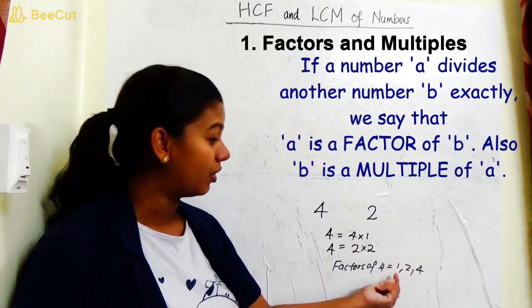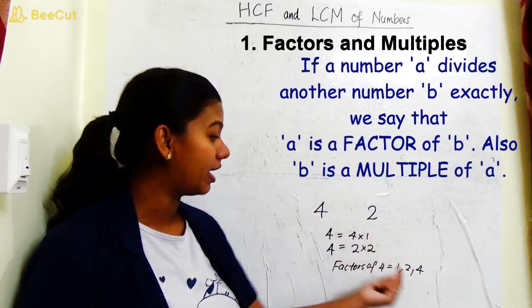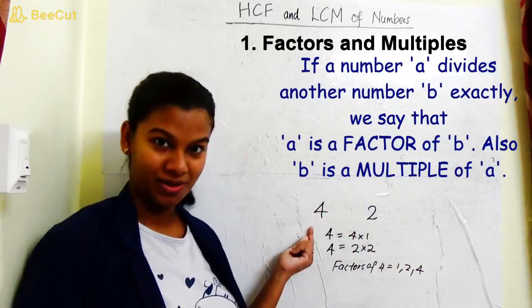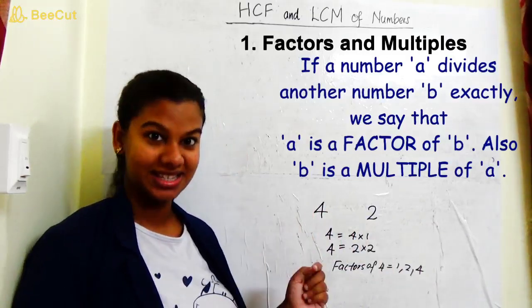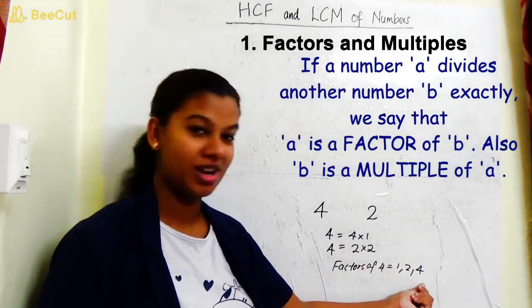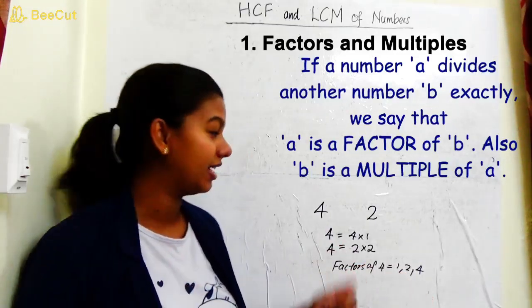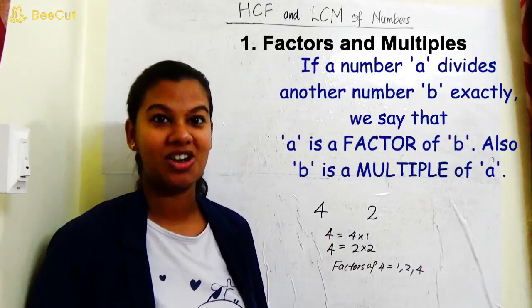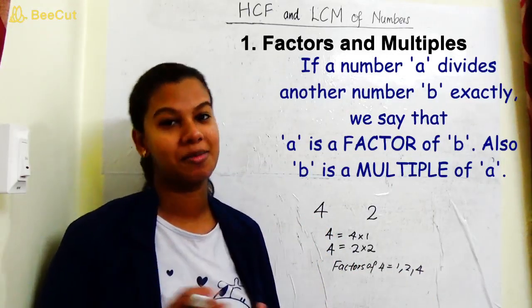And 4 is a multiple of 1, 2 and 4, that is, if we multiply, we will get the value 4. That's all for factors and multiples.